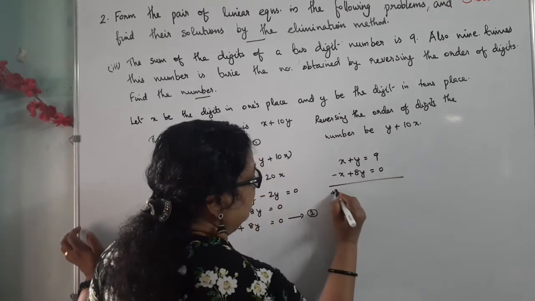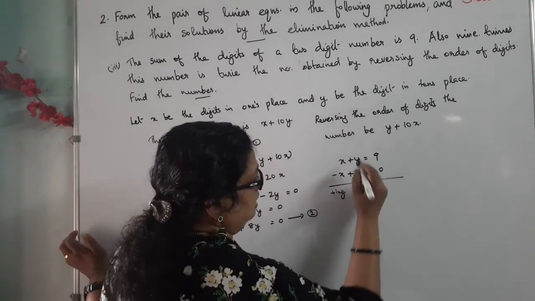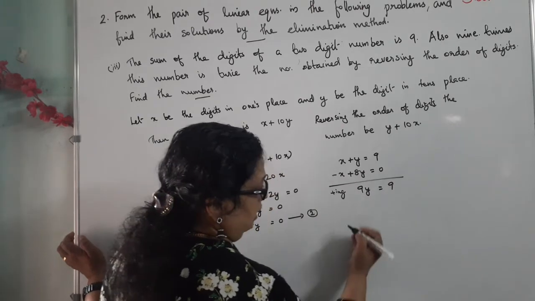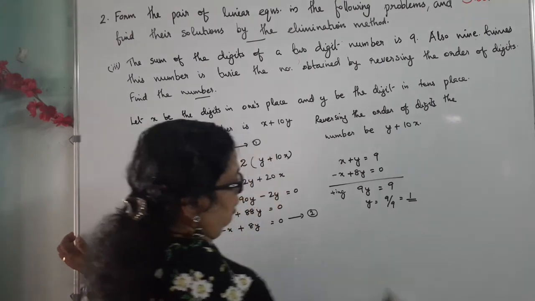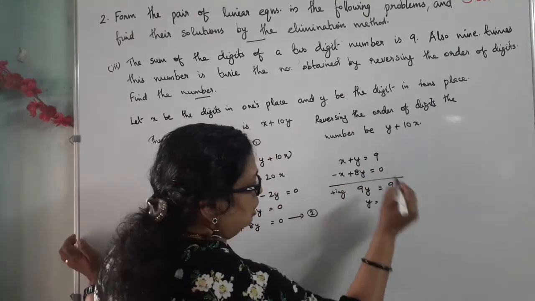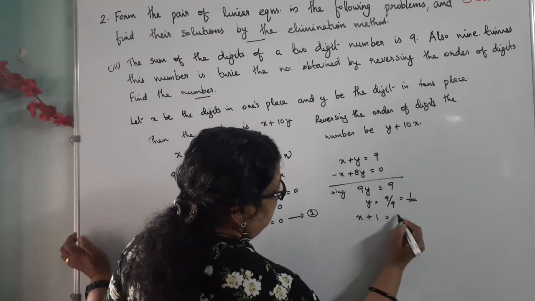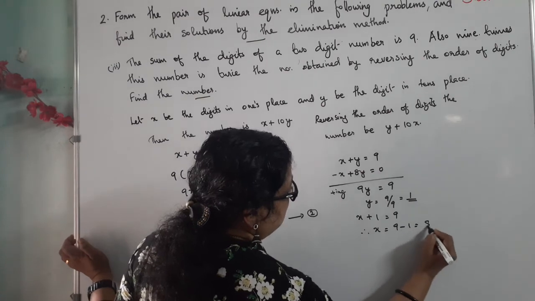Then adding, x − x we get 0, that term eliminates. Then y + 8y, that is 9y = 9. Then y = 9/9 = 1. Then we can substitute y = 1 in here. Then x + 1 = 9. Therefore, x = 9 − 1 = 8.